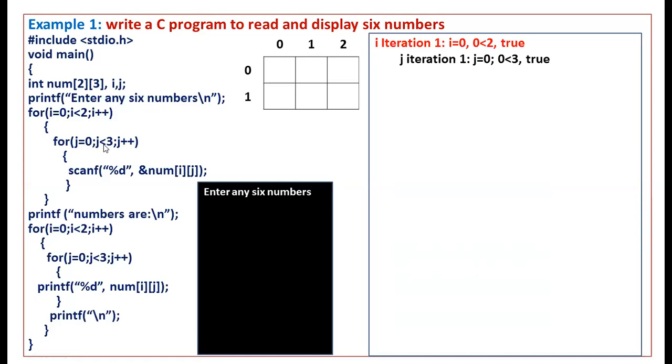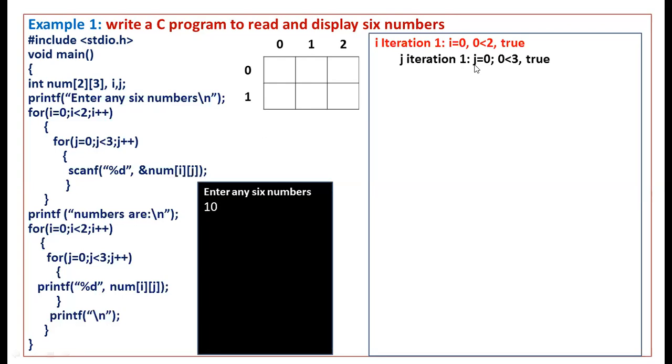If it is true, then the statements inside the second for loop will start to execute. The statement inside the second for loop is scanf. Scanf will take the first element 10 and that will be stored in num of I and j.